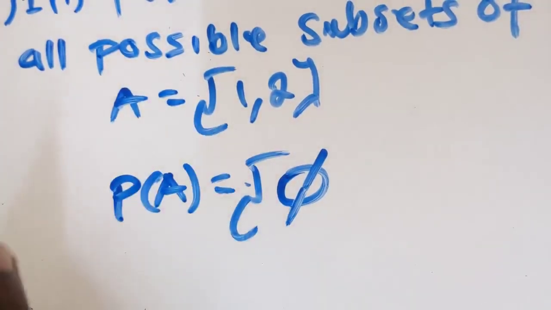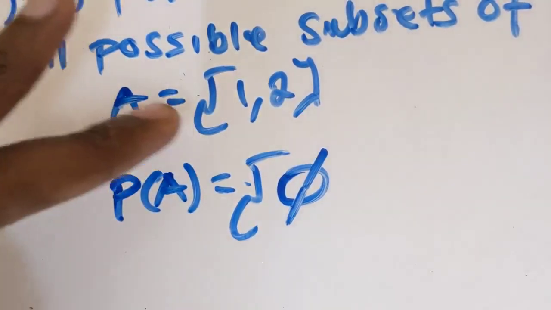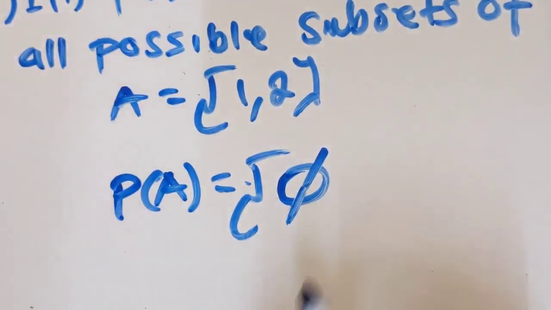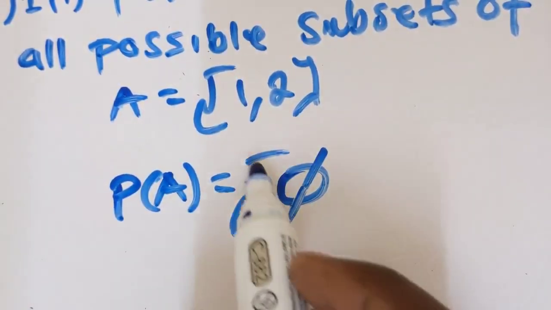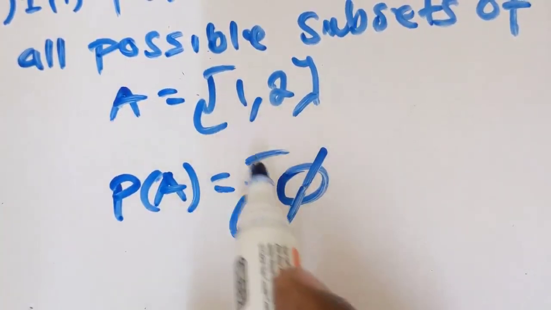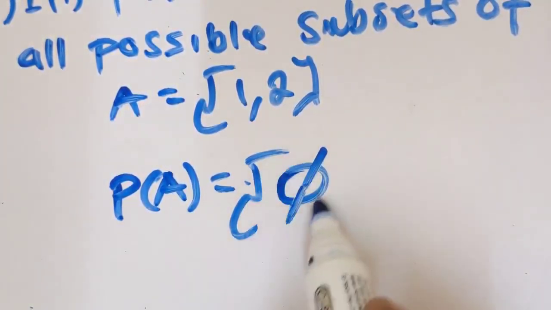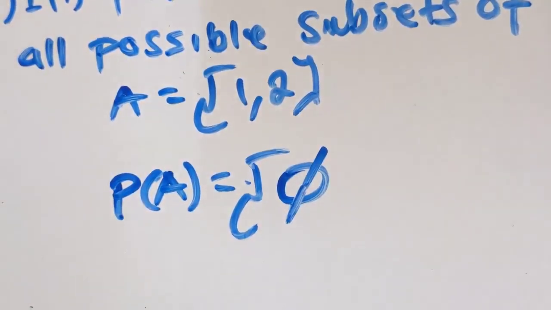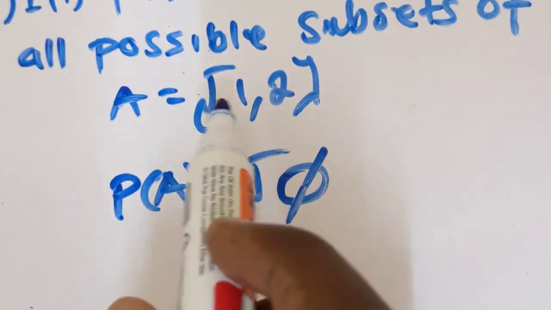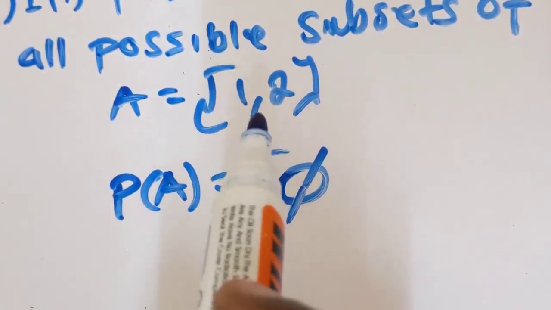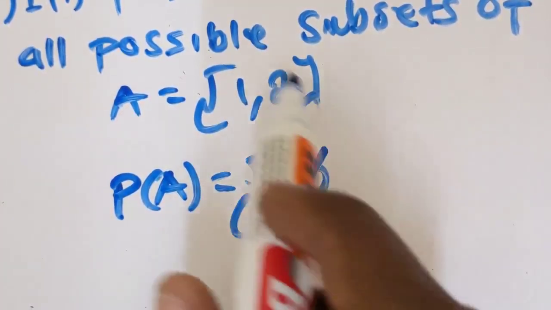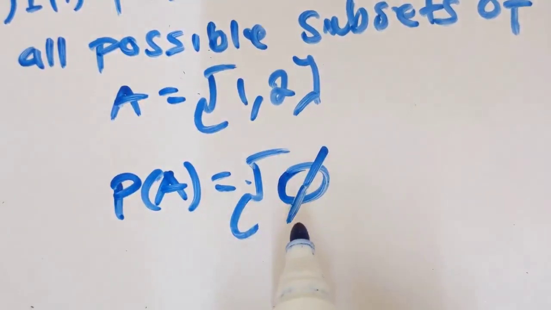So we are actually listing the power set of set A here. I said that an empty set is a member of every set, meaning that in this set there is an empty set. So when you're writing a power set of this set, you need to include it.